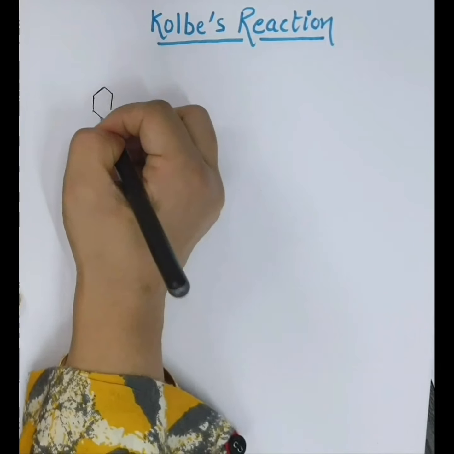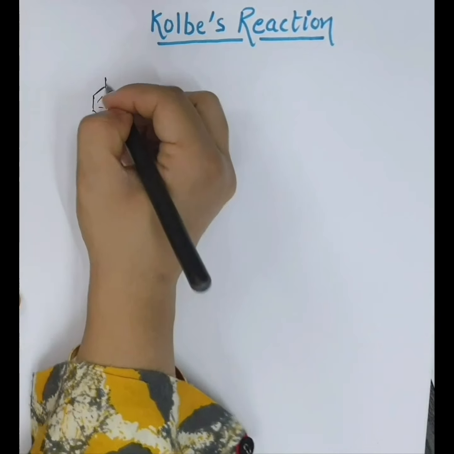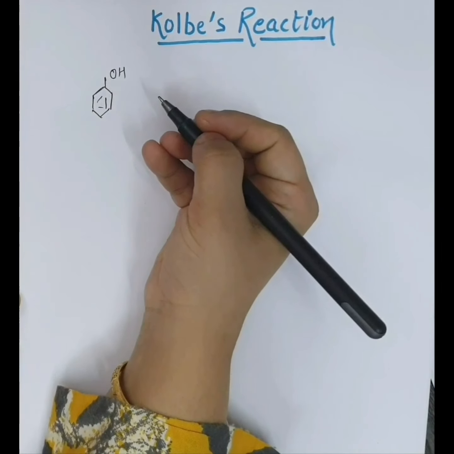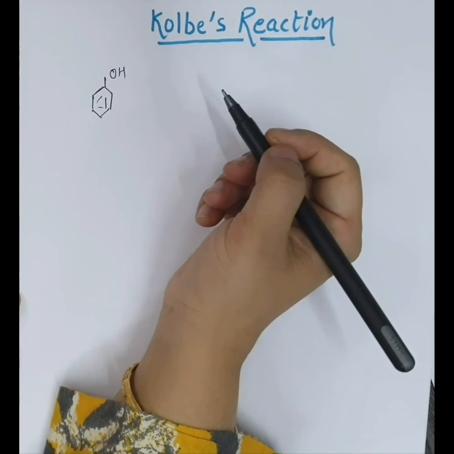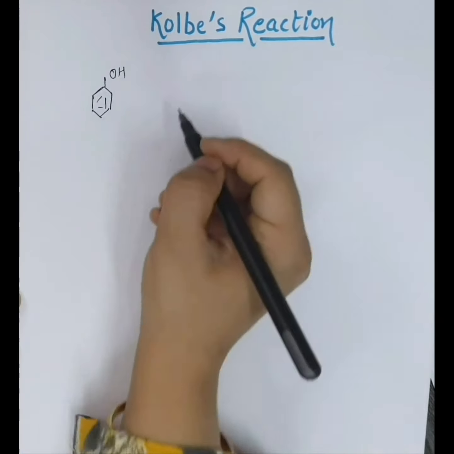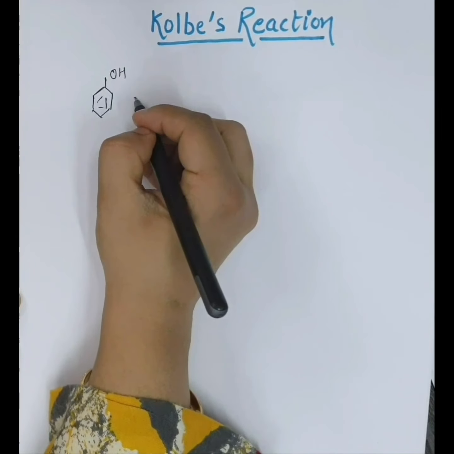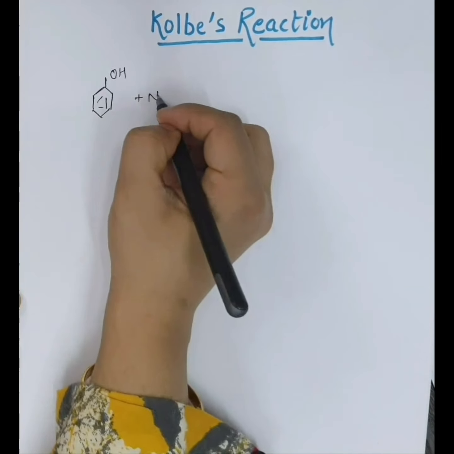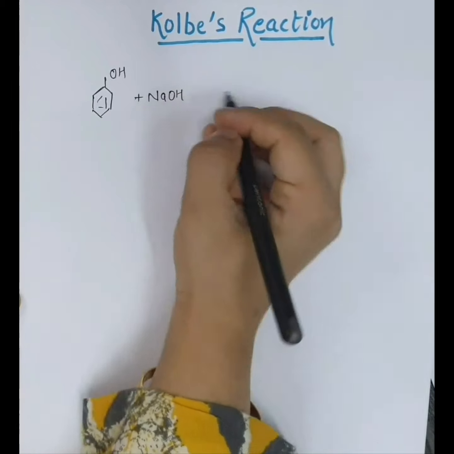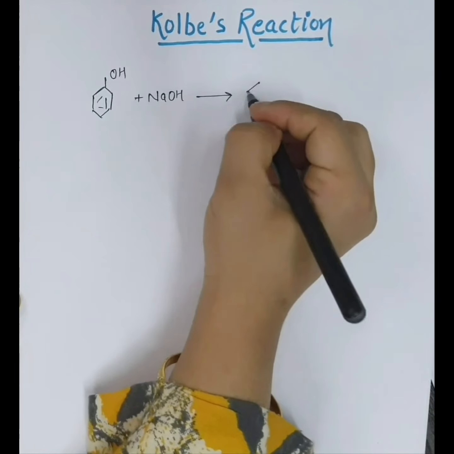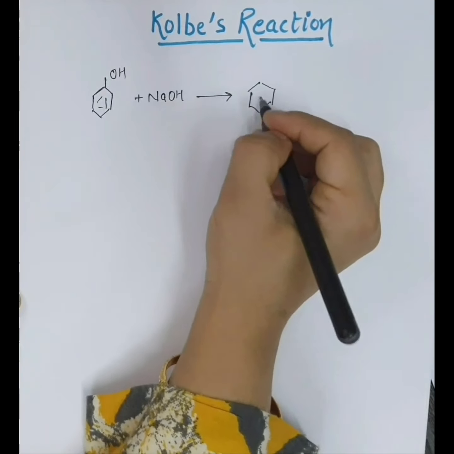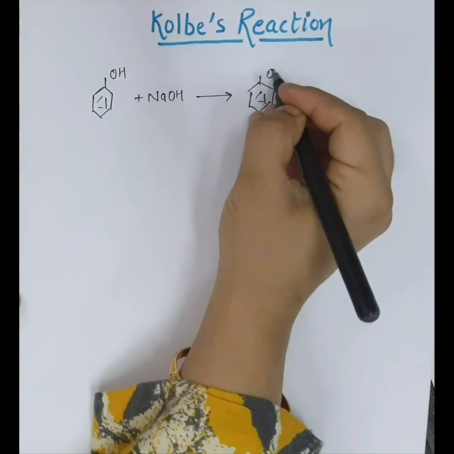What happened in this reaction? First of all, this is phenol, as this is the important reaction of phenol, so phenol will be here as a reactant. First of all, phenol reacts with NaOH and forms sodium phenoxide.